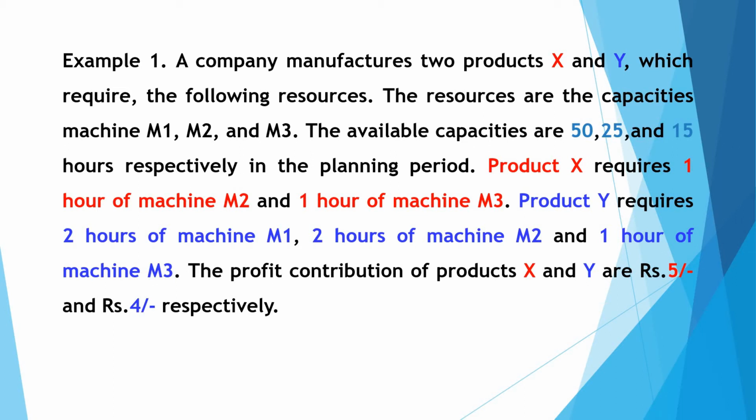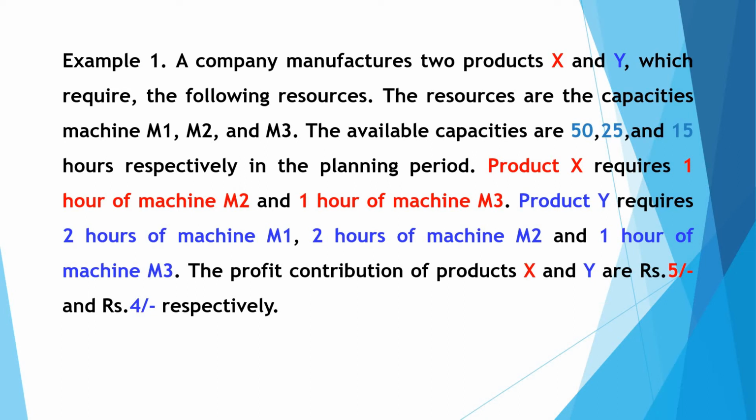Product X requires 1 hour of machine M2 and 1 hour of machine M3. Product Y requires 2 hours of machine M1, 2 hours of machine M2 and 1 hour of machine M3. The profit contribution of products X and Y are rupees 5 and rupees 4 respectively.